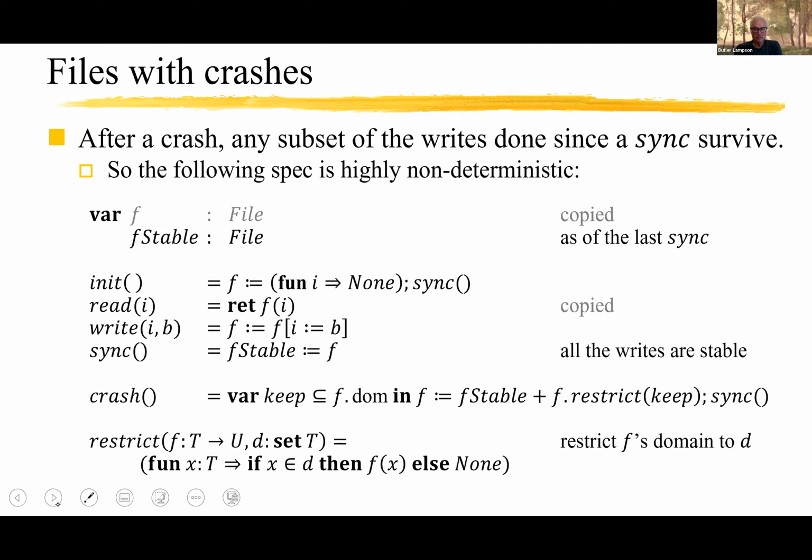It's just telling you that it's only going to be defined on the keep set. So this definition says every time there's a sync, you have a stable value for the file, and every time there's a crash, you can discard any part of the new file and put it back to what it was at stable time.